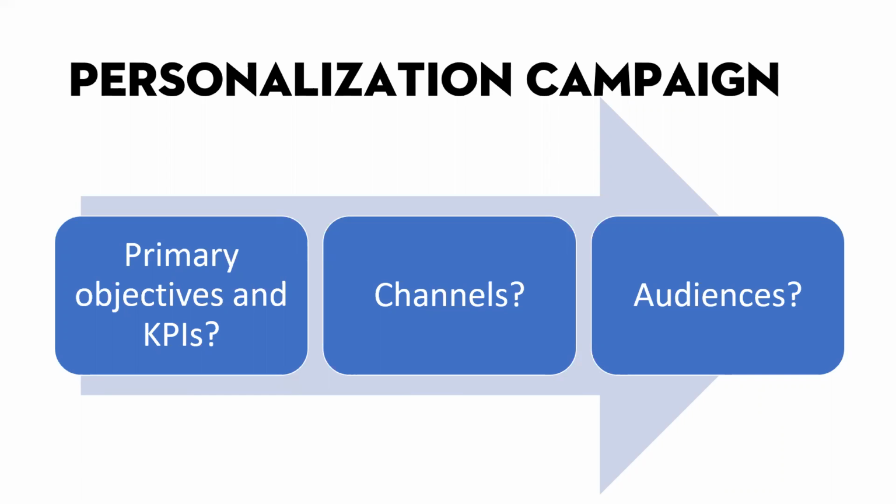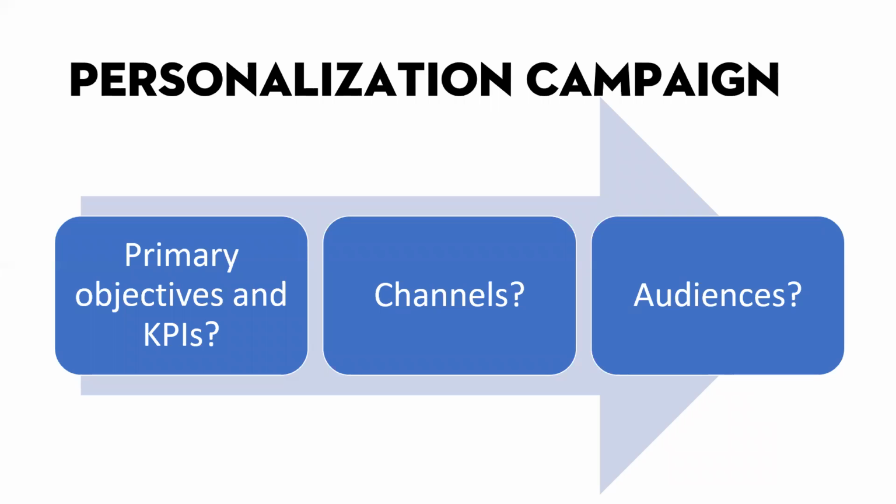Before you set it up, either you deliver internally or you deliver personalization campaigns for your clients as a consultant, you need to firstly set up some primary objectives of this campaign and some KPIs that you want to achieve.